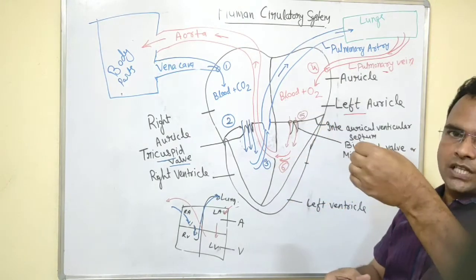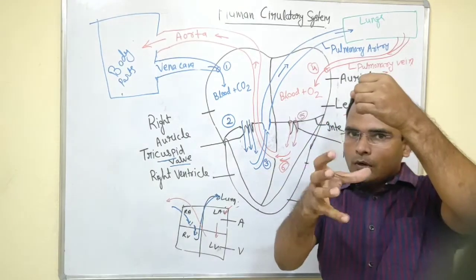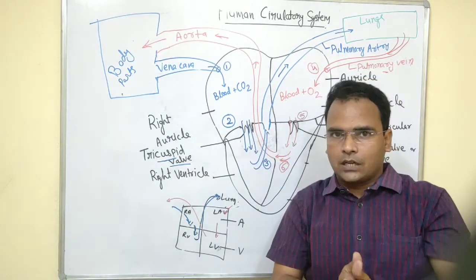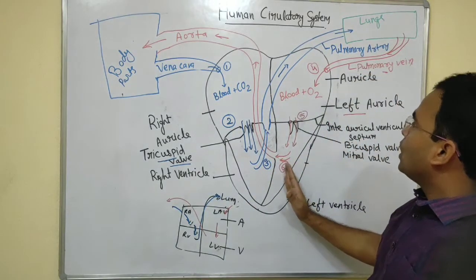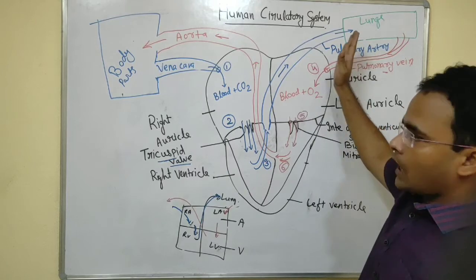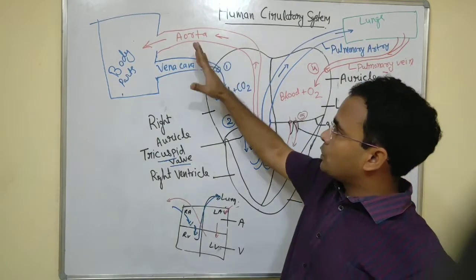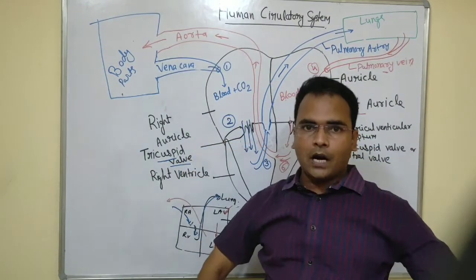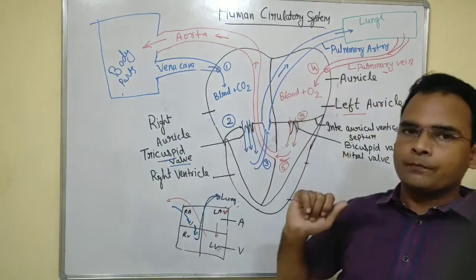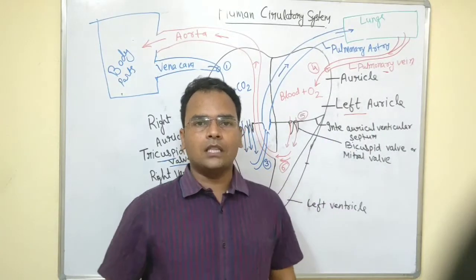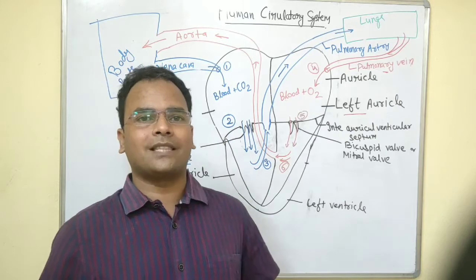Here less pressure is required, but in the ventricle more pressure is required, because the blood has to move away from the heart, to the different parts of the body as well as to the lungs. So the question we are asking is why the wall of the ventricle is thicker.